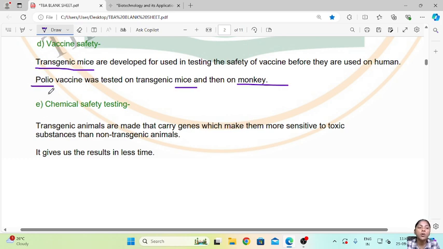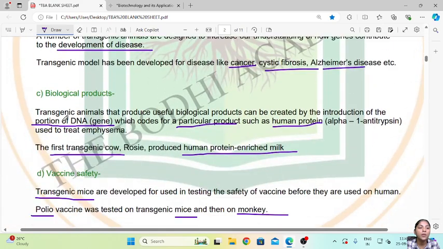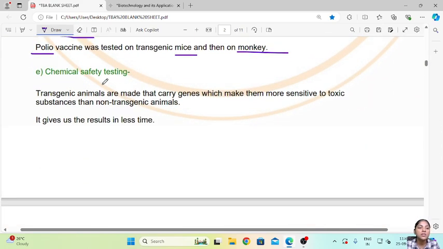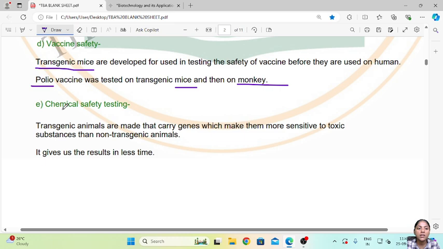The last reason for the development of these transgenic animals is chemical safety testing. Transgenic animals are made that carry genes which make them more sensitive to toxic substances than non-transgenic animals.